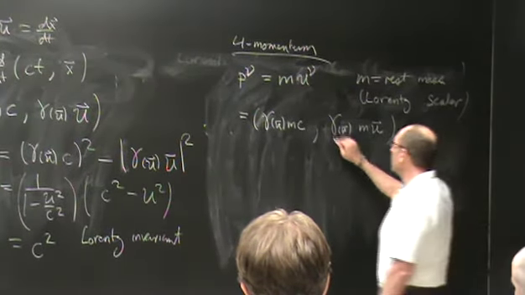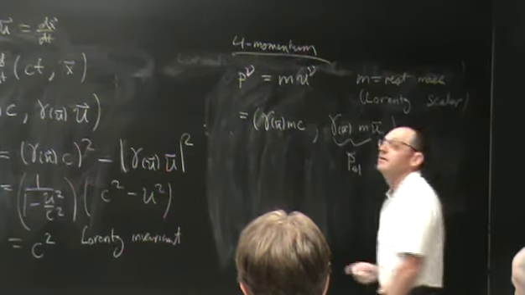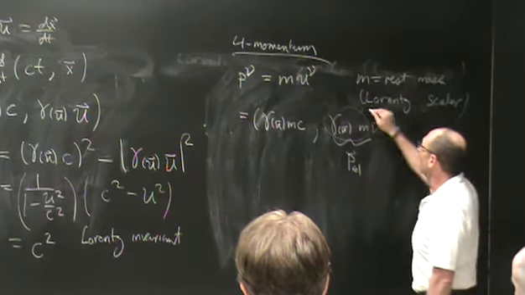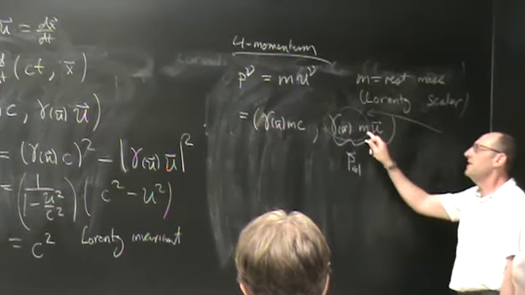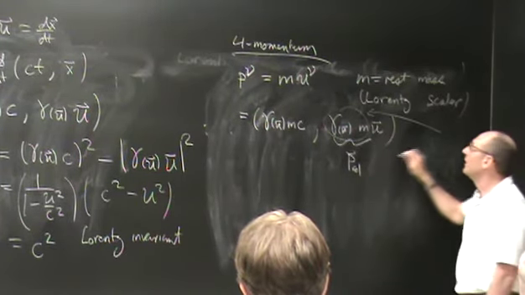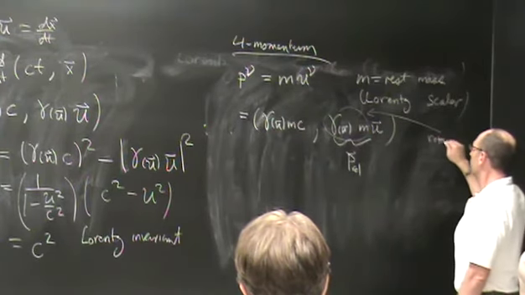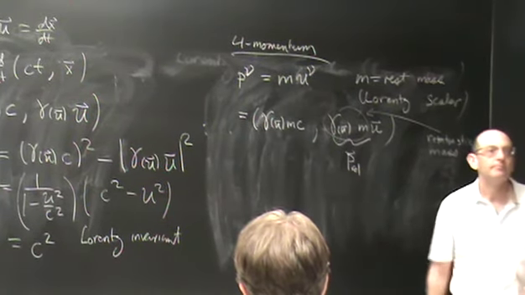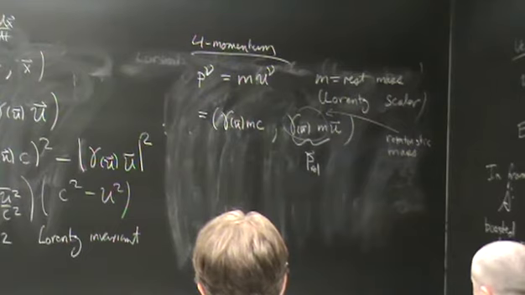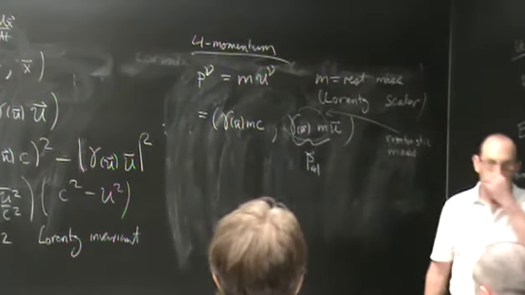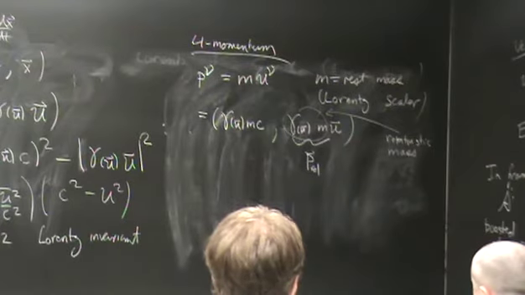We call the spatial component of this the relativistic momentum. Okay? And sometimes we call the multiplication of the rest mass by the relativistic gamma, if it's moving at speed u, the relativistic mass. The mass, in some sense, increases. So the momentum is not just the rest mass times speed, but the increased mass times speed. Okay?